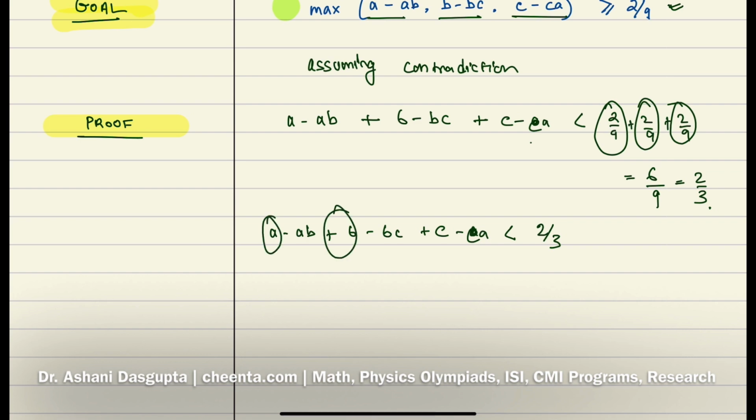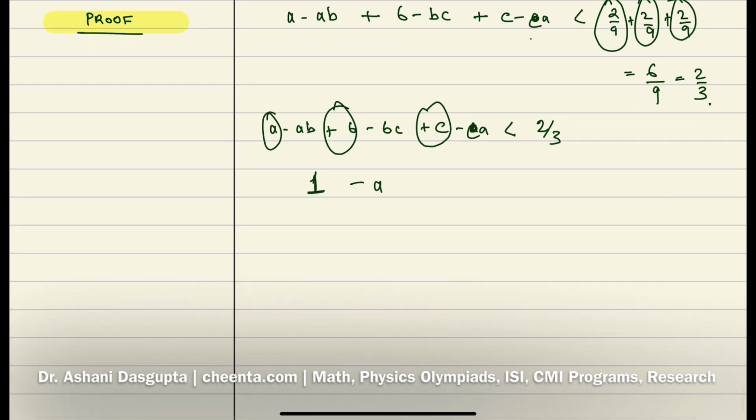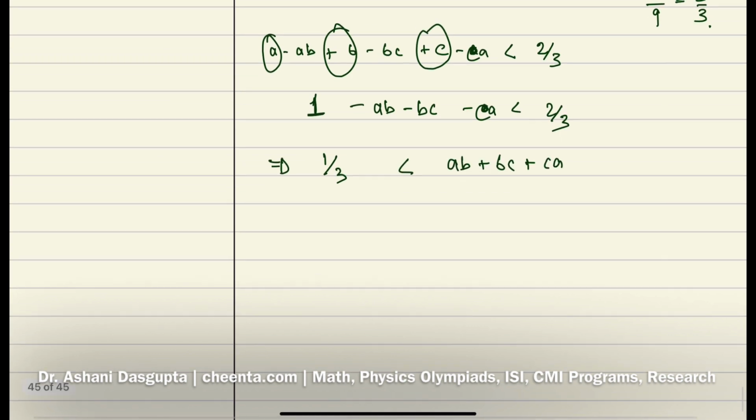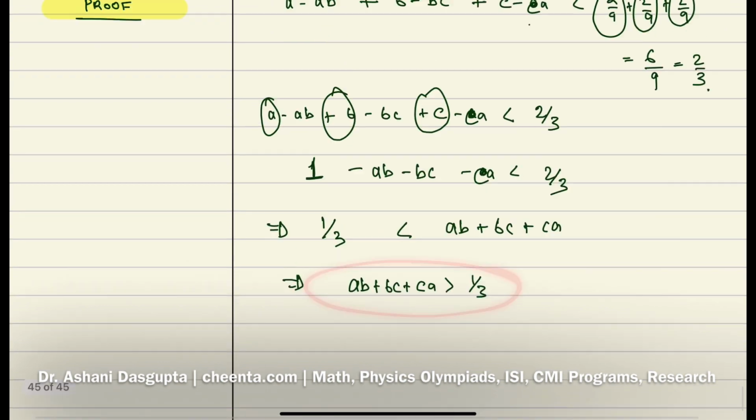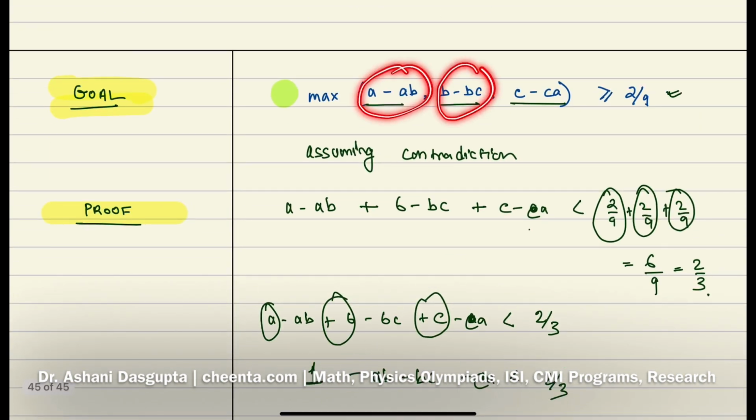Now a plus b plus c is 1, so 1 minus ab minus bc minus ca is less than 2/3, or 1/3 is less than ab plus bc plus ca. So I'll write it in the other direction. ab plus bc plus ca is greater than 1/3. This is the conclusion that we get if we assume that each of these pieces is less than 2/9.